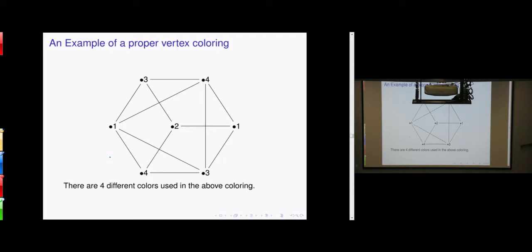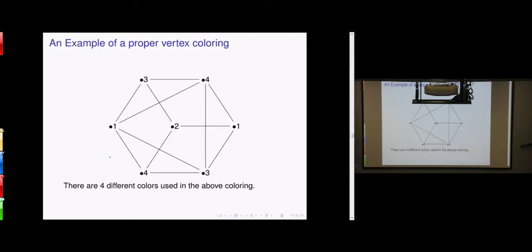I color them 3, 4, 3, 4. As far as this vertex is concerned, it is proper, because at the ends of the edges the colors are different. This is 1, this is color 3. So this is proper. Now let's check some others.